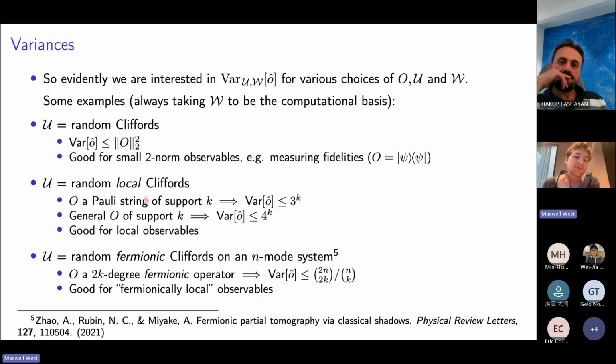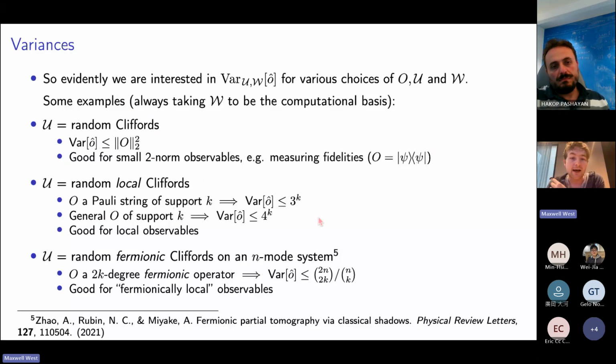But if you instead take U to be random local Cliffords, so these are single qubit Cliffords acting independently on each qubit, every time you do a sample, every qubit gets a randomly sampled local Clifford. There are not that many of them, so some of them will be the same, but they're independent.